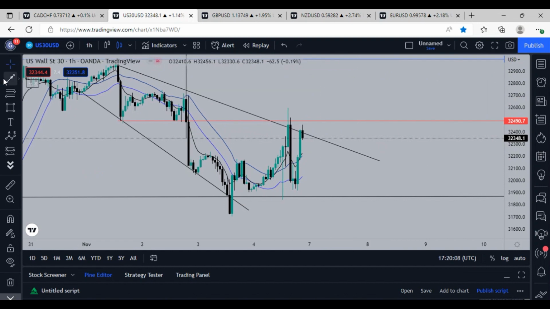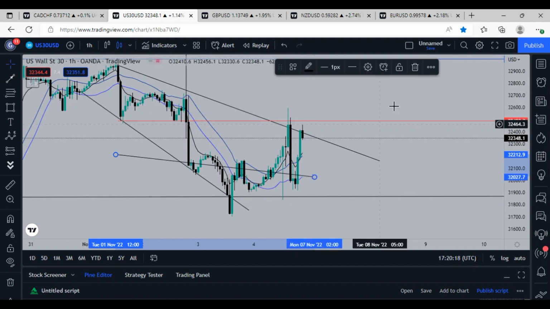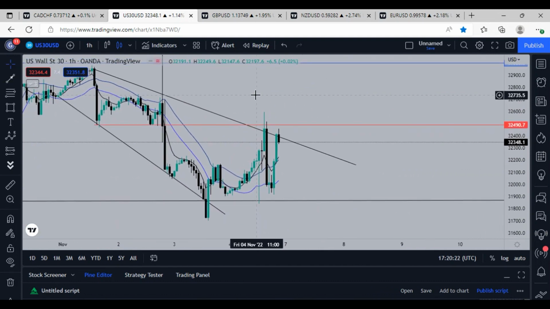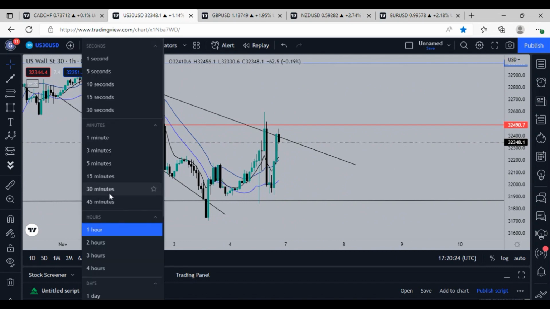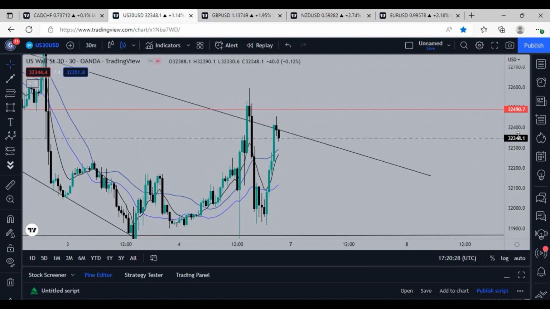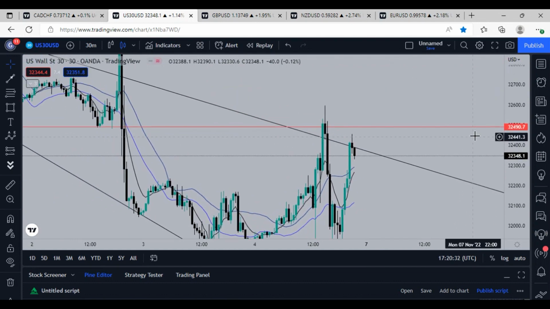But if it does not decide to buy, then I can expect price to respect this trend line, respect this resistance, and we can then break this support, retest, and then carry on heading to the downside. But I am honestly just looking for further sells for US30.